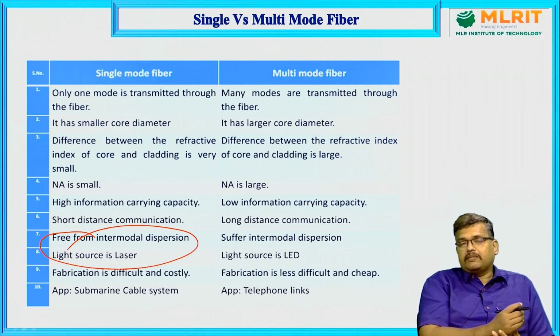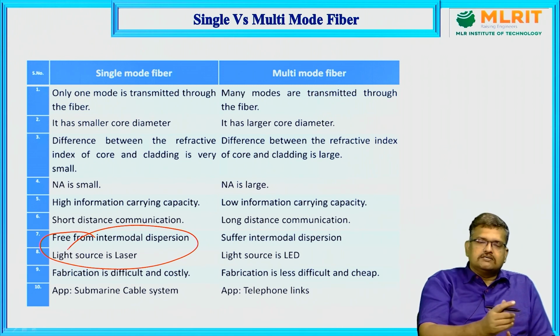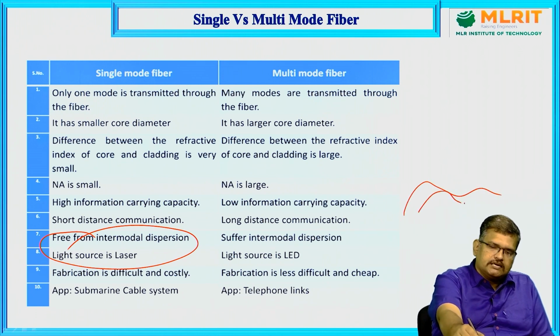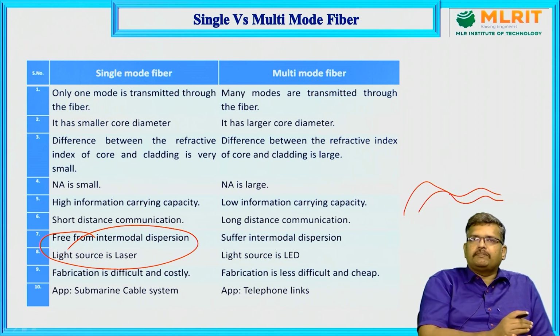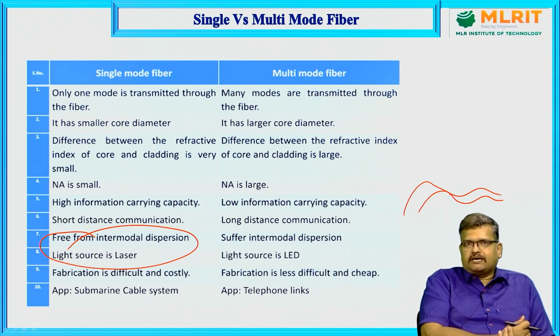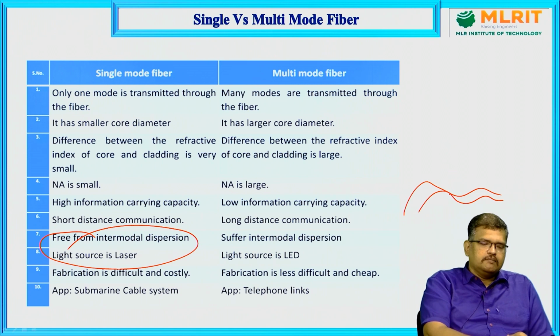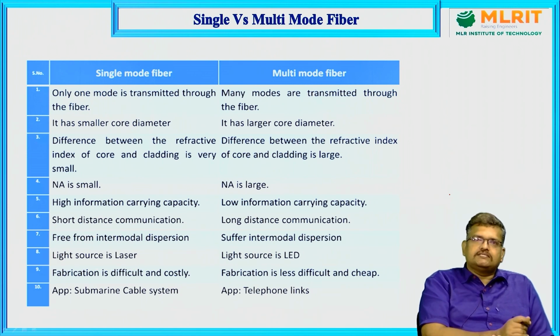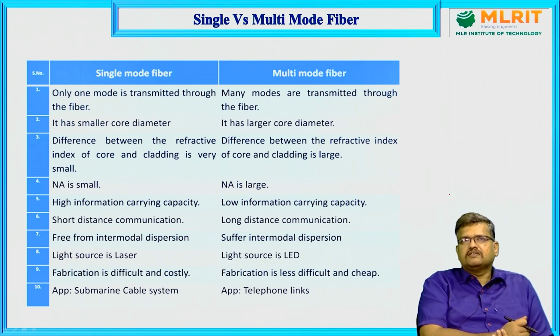But in multimode fiber, we are transmitting multiple signals in the same core, so intersignal interference can occur. This is a major drawback in multimode fiber. Next, we know that LED and laser are the two optical sources. In single mode we use laser as the optical source, but in multimode we use LED as the optical source.